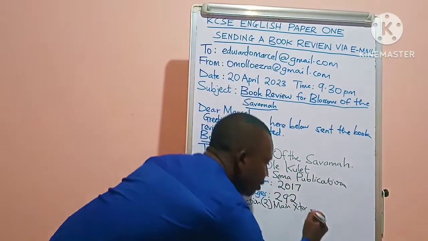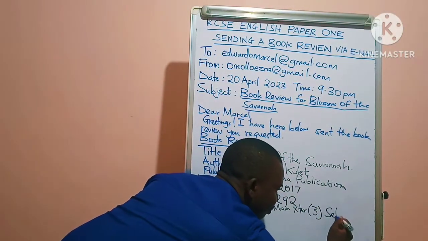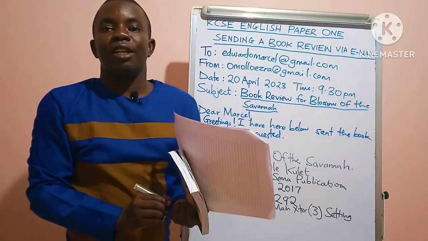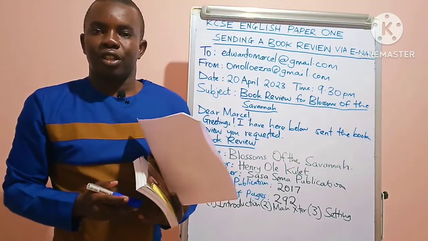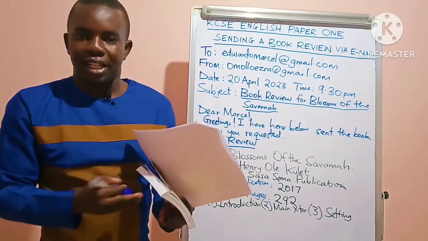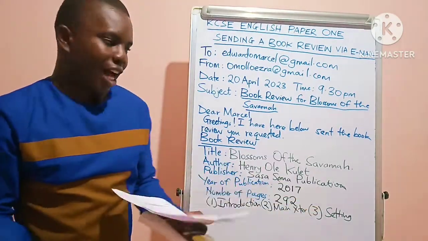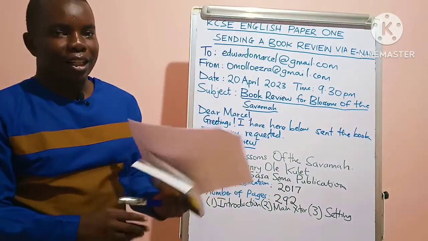This also you are going to connect to the setting. And the setting is in the Maa community. We have the events ranging from Nakuru to Nasila. So we're also going to talk about the setting.